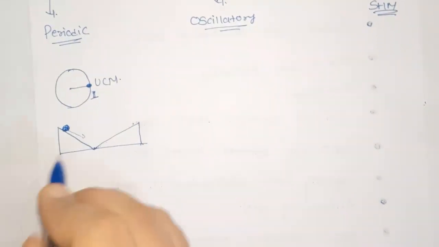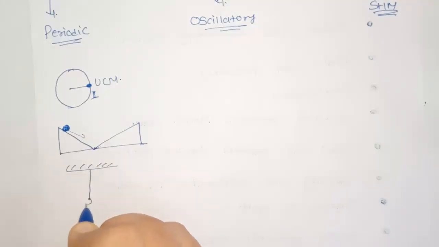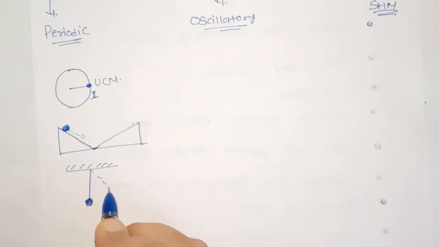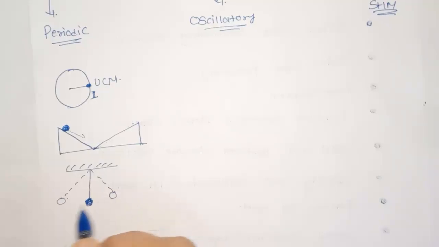We can also take the example of a pendulum. That is also making periodic motion because it is repeating its motion after a certain period of time.